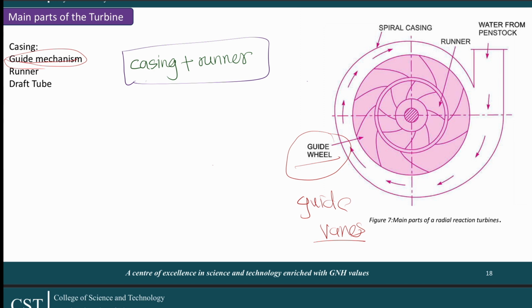It is usually placed inside the spiral casing, outside the runner blade.